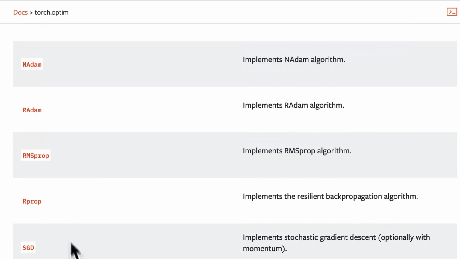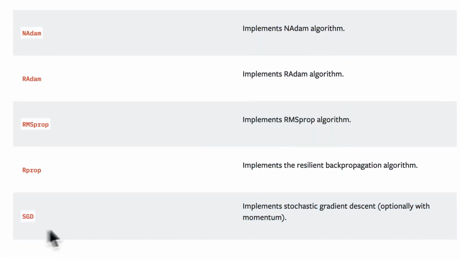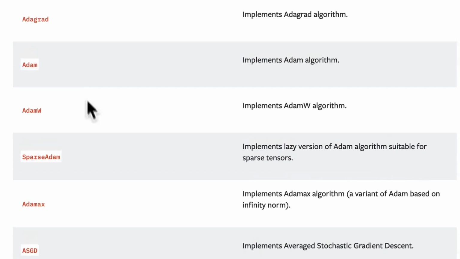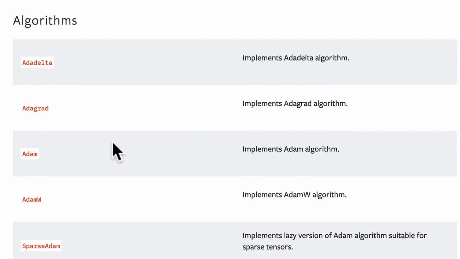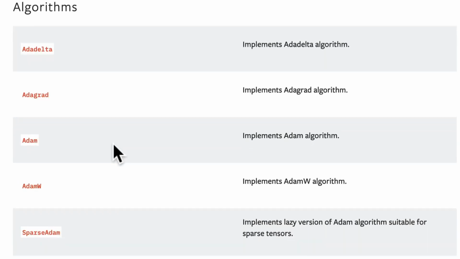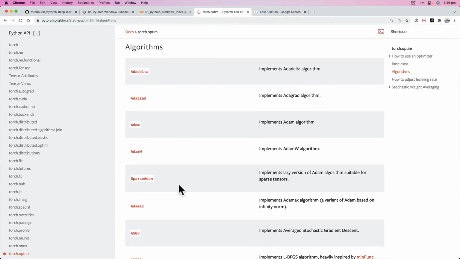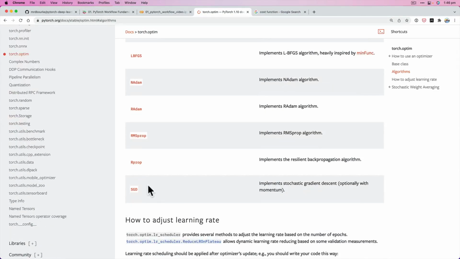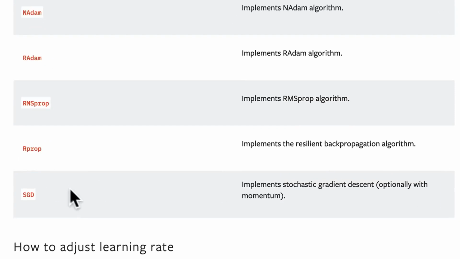How do you find that out? Well, SGD, stochastic gradient descent, is possibly the most popular. However, there are some iterations on SGD, such as Adam, which is another one that's really popular. So again, this is one of those things where machine learning is part art, part science, with trial and error of figuring out what works best for your problem. For us, we're going to start with SGD because it's the most popular.